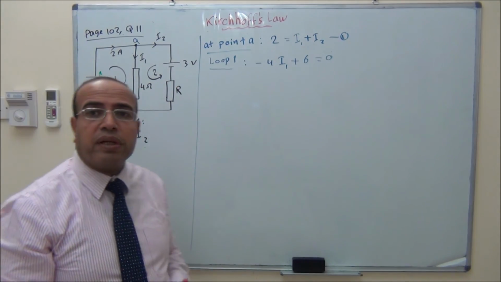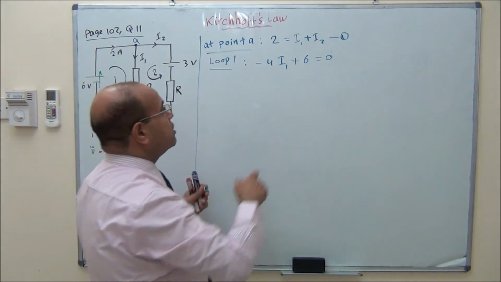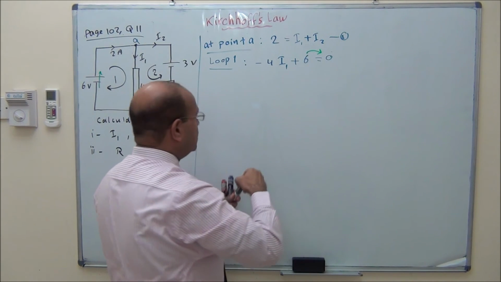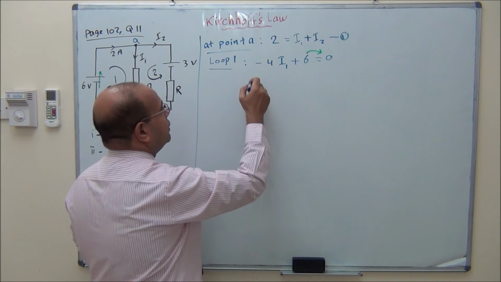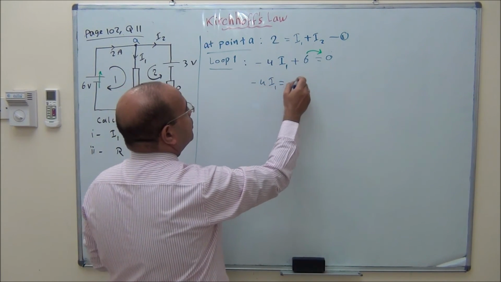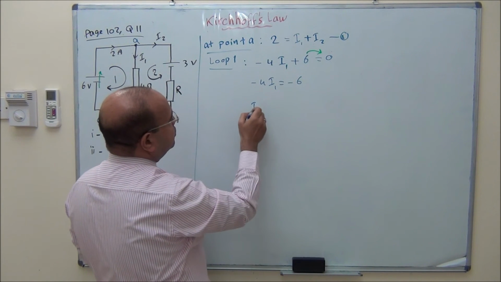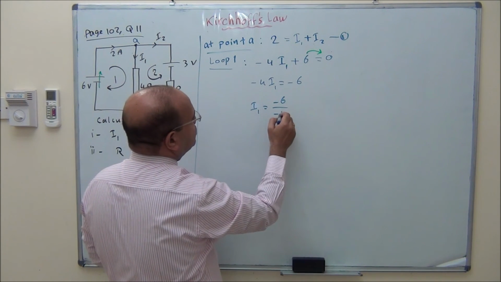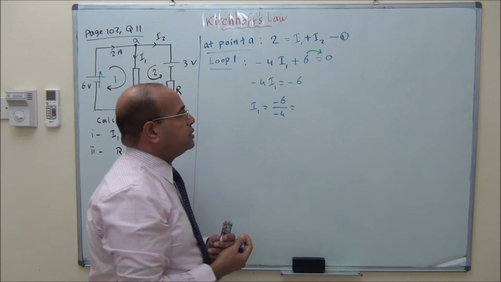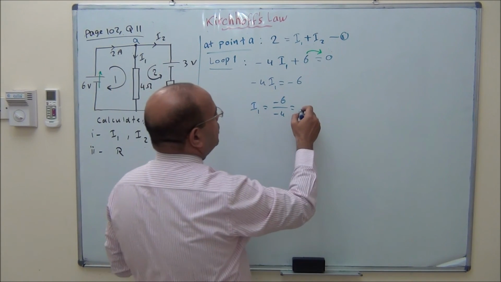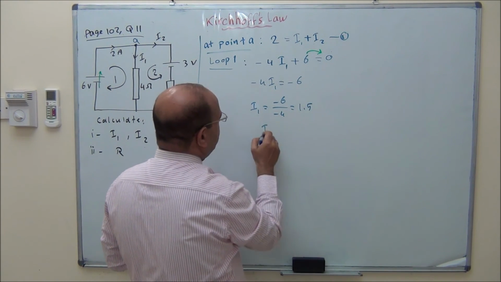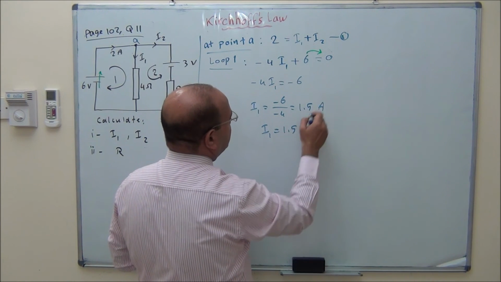Now it's easy to get I1 from this equation. Move 6 to the other side. So negative 4 I1 equals negative 6, so I1 equals negative 6 over negative 4. So it is 3 over 2, which means 1.5. So I1 equals 1.5 ampere.